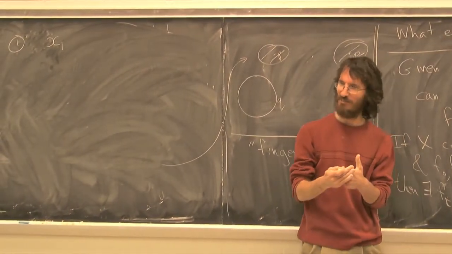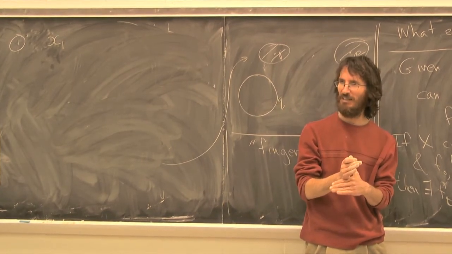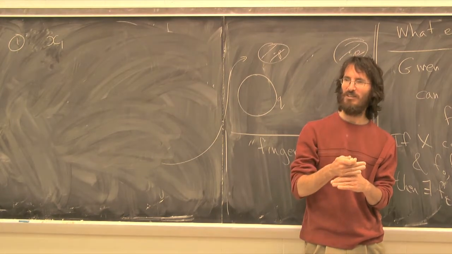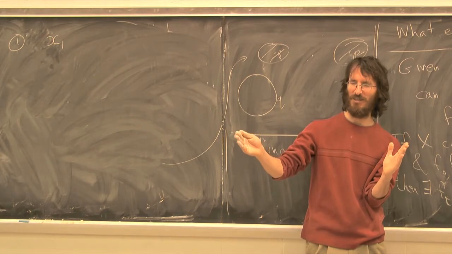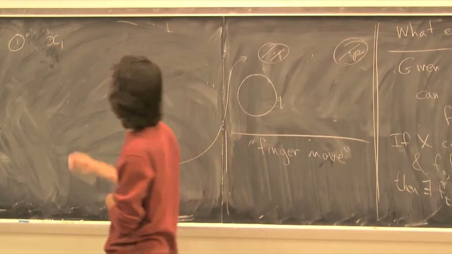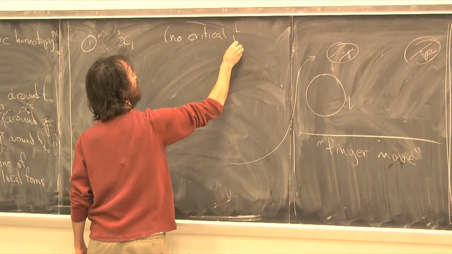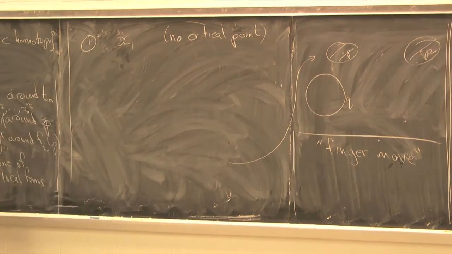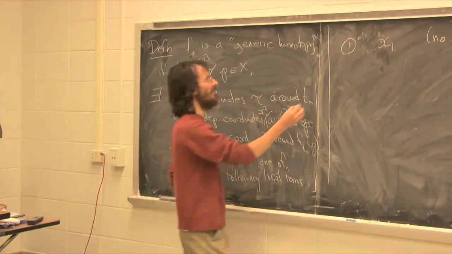Anytime you have a function at a fixed time with no critical point, then using the inverse function theorem you can rewrite it so that there's a coordinate in the domain that's mapped to a coordinate in the range. There's no critical point for a short amount of time, so as time varies, there just persists being no critical point.